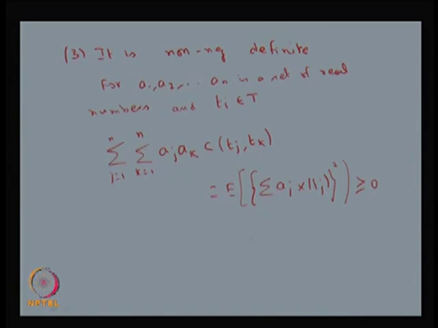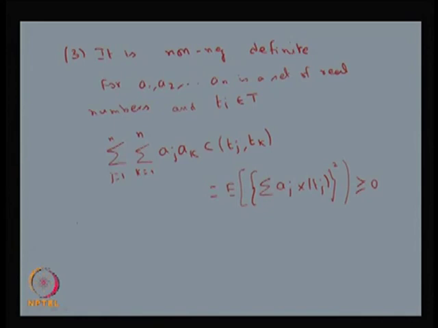Since it is a whole square, the expectation of a whole square quantity is always greater than or equal to 0 for all sets of real numbers a1, a2, ..., an, and the t i's belonging to T. So you can conclude the covariance function is going to be non-negative definite.